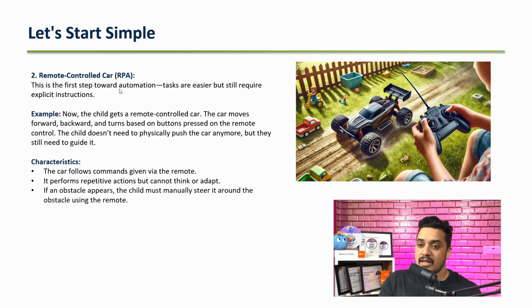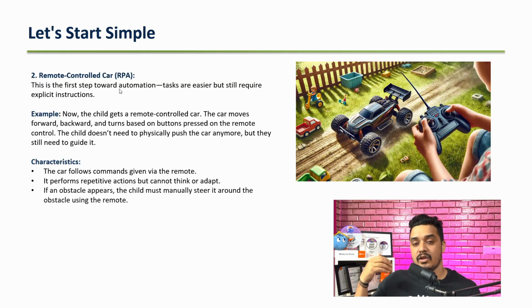That's what is mentioned on the slide. If the obstacle appears, the child must manually steer around the obstacle using the remote. So though it is automated, yes, we have RPA, whenever there is an obstacle, the car is not able to take its own decision, right?